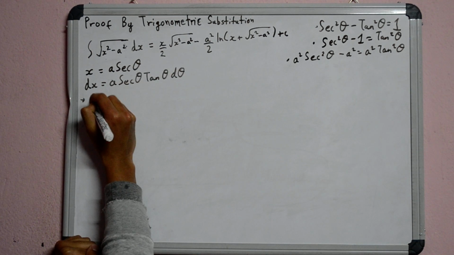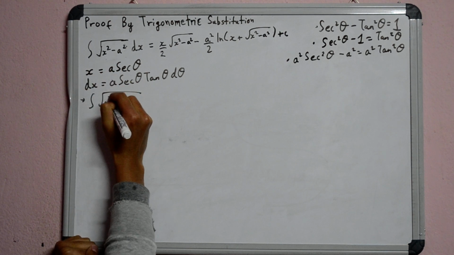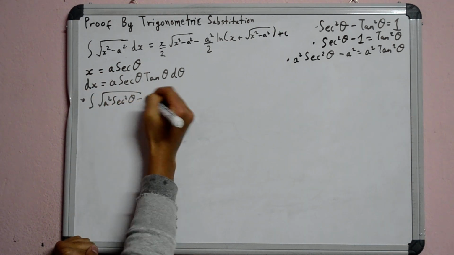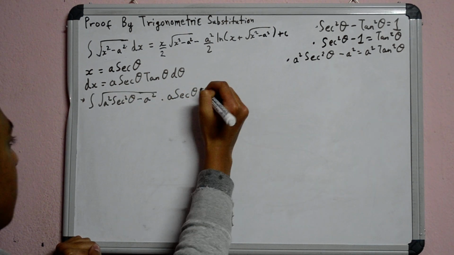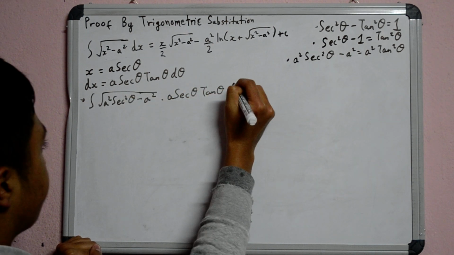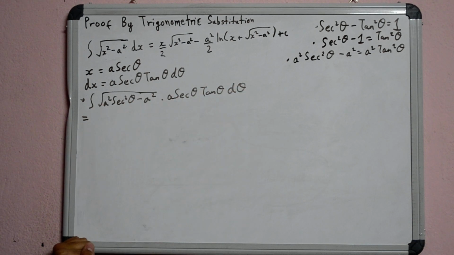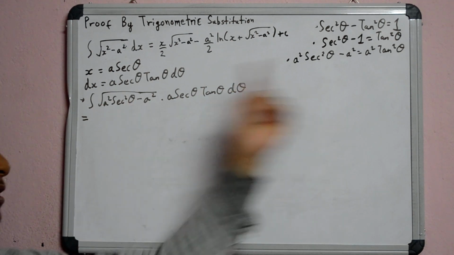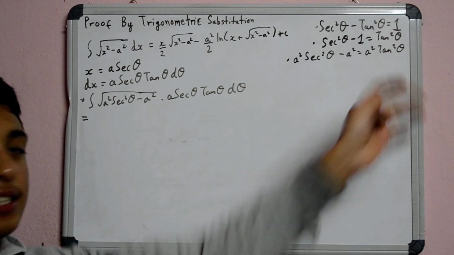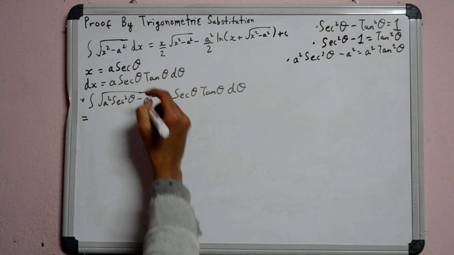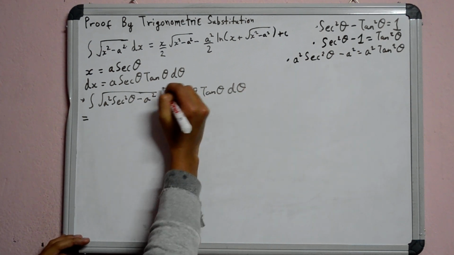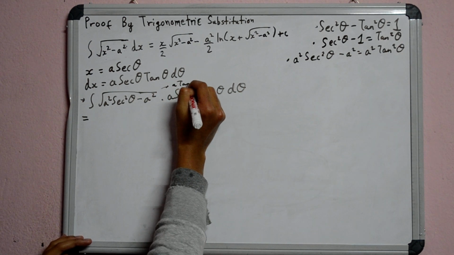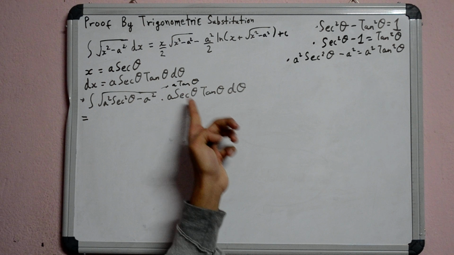So this integral becomes root of x square, which is a square sec square theta minus a square, into a sec theta tan theta d theta. Now we already know that this is a tan theta whole square. Square root cancels, giving us just a tan theta. So we'll have a tan theta right here, and this will multiply with that.